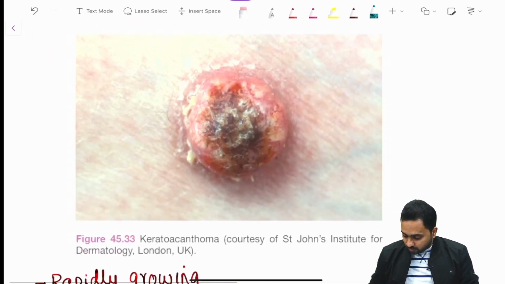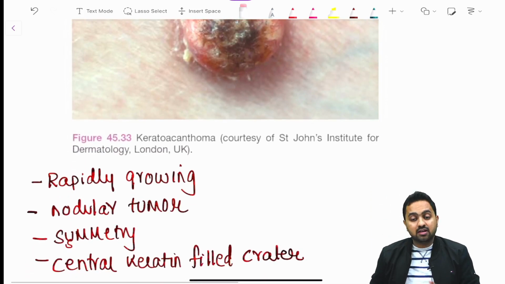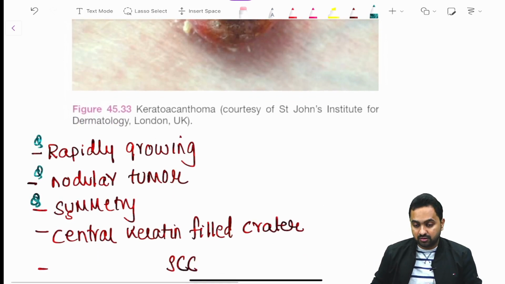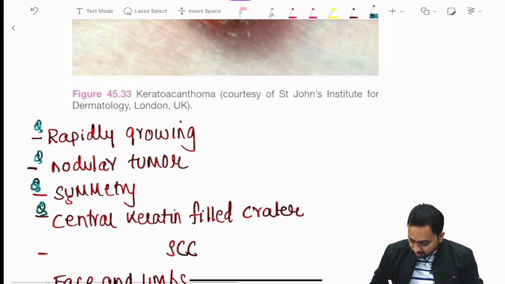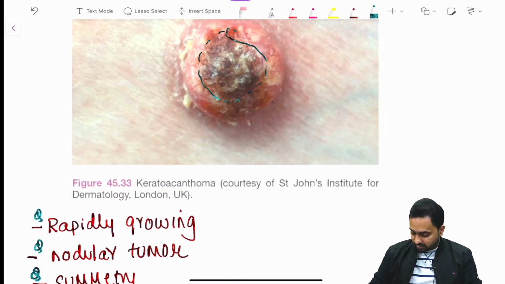So if you look over here, this is your keratoacanthoma, right. So these are your rapidly growing tumors which are nodular tumors, and they are symmetrical tumors, and they have a central keratin filled crater, right. So this is the central keratin filled crater.